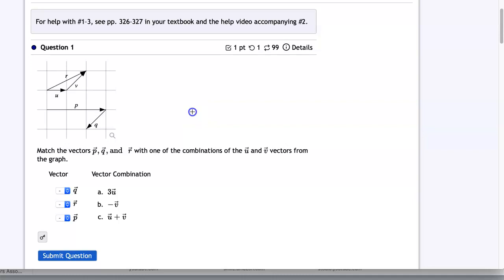So if I have a vector, here's vector u, and I add to it another vector, there's vector v. Think of this as two forces that are acting together.